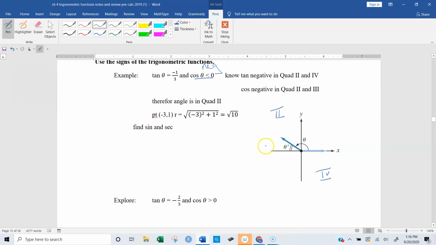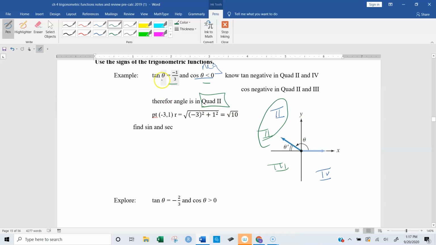Cosine is x, and we know cosine is negative in 2, use a different color here, in 2 and 3. Where they're both negative happens to be here, which is quadrant 2. So we know we are in quadrant 2 because of the signs of our givens.